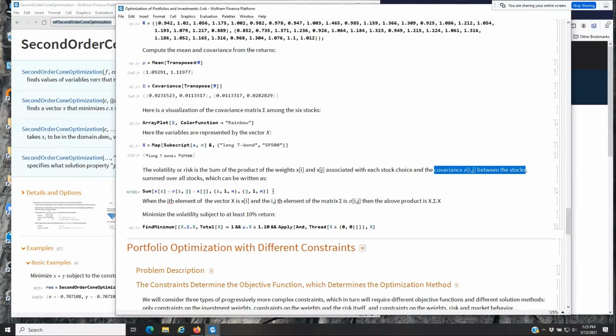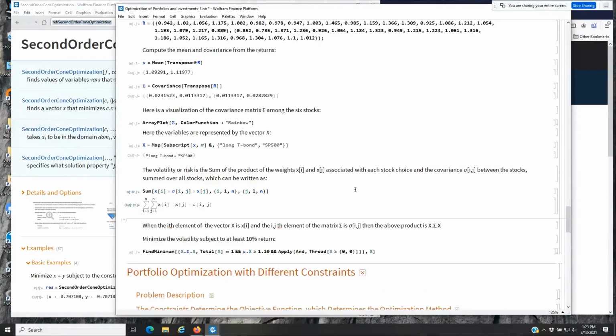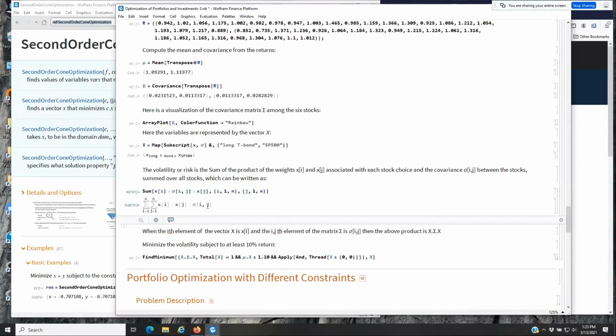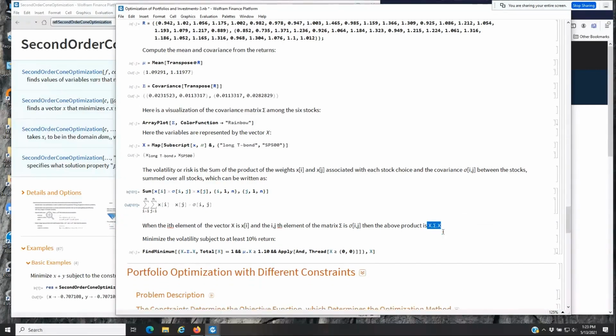And then we sum them up over all values of i and j. When we do this, this is this double product we get, but this is the same thing as this. So this double inner product is a measure of our risk, or is what we're defining now as the risk.